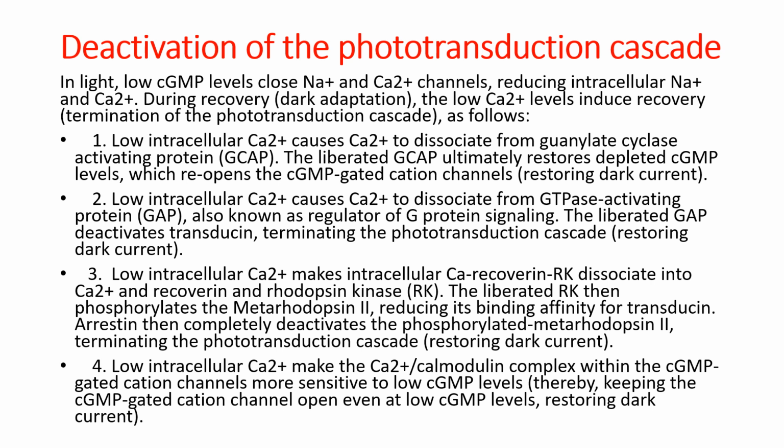4. Low intracellular Ca2+ makes the Ca2+/calmodulin complex within the cGMP-gated cation channels more sensitive to low cGMP levels, thereby keeping the cGMP-gated cation channel open even at low cGMP levels, restoring dark current.